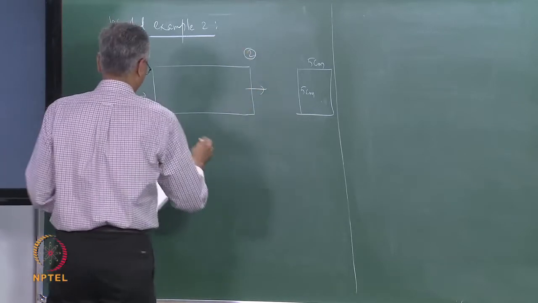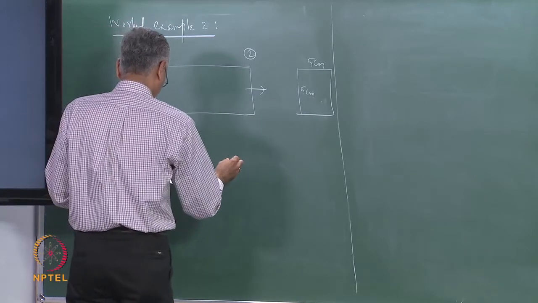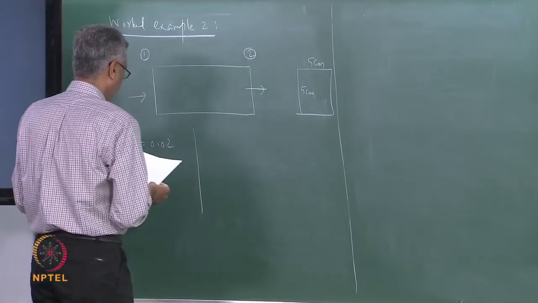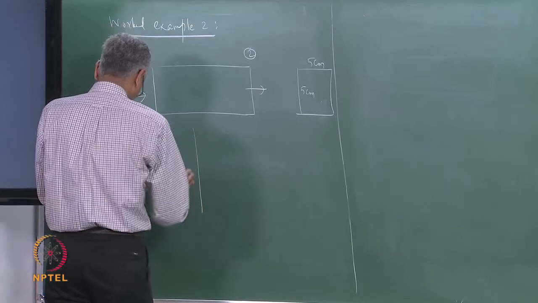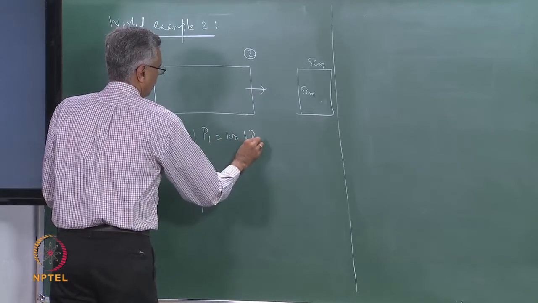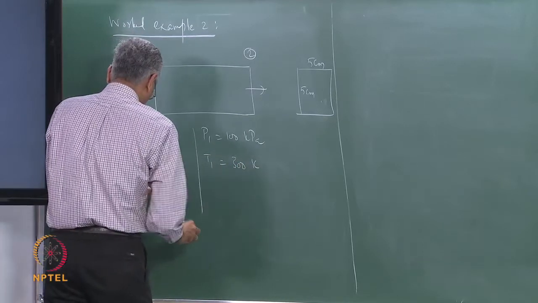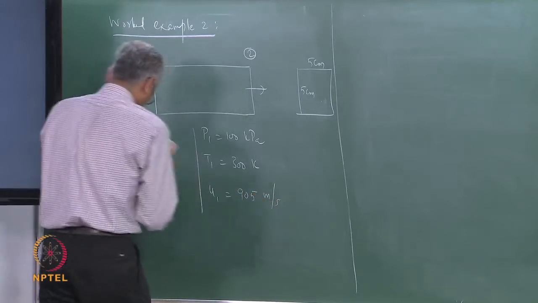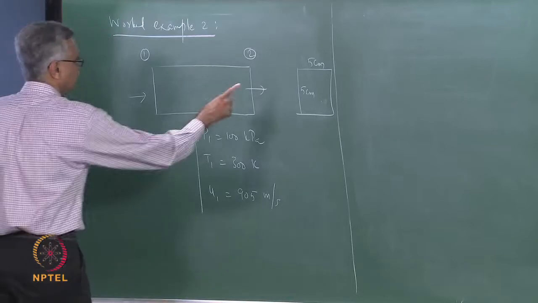The inlet state we have been given, let us assume these to be static conditions since nothing is said. So, we take P1 to be 100 kPa, T1 to be 300 Kelvin and U1 is given to be 905 meter per second, and the hydraulic diameter, the cross section is given.